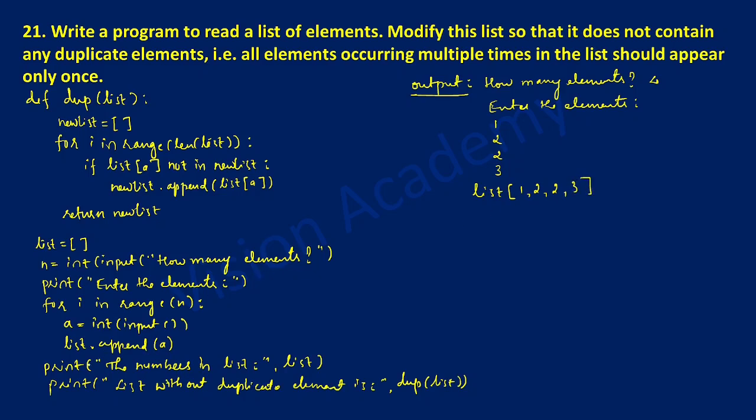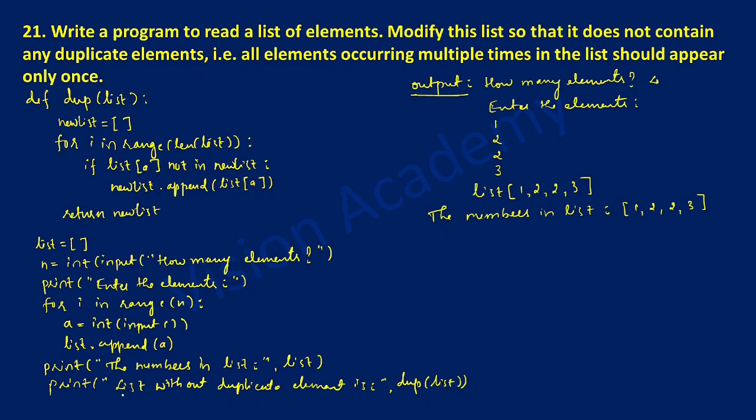Now after this we have got print statement, the numbers in list, so these values will be printed. The numbers in list will be printed as it is, and list consisting of what, 1 2 2 3. So here it is going to print 1 2 2 3.